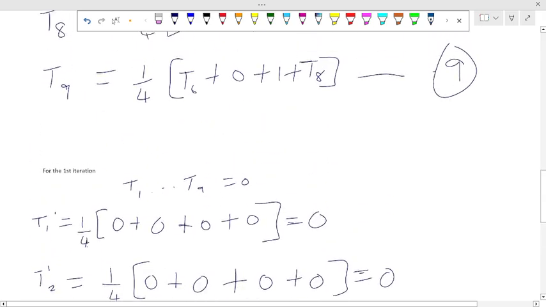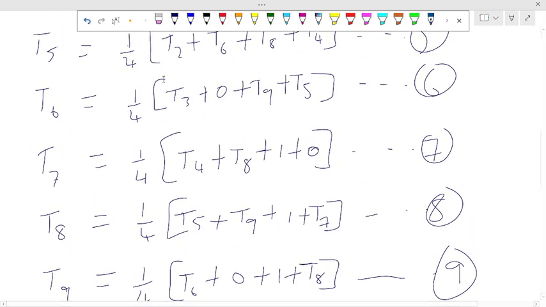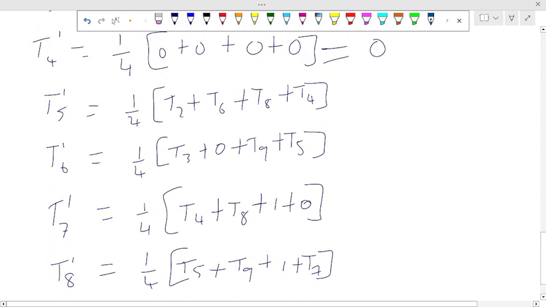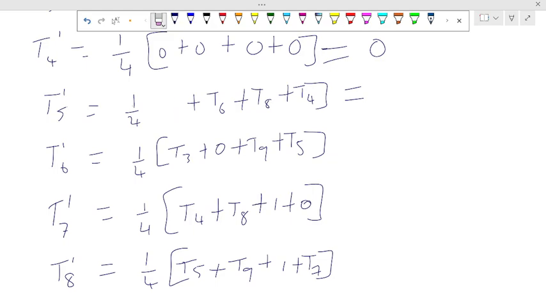We have T2, T6 and T8 with this. But of course this is a computer, so I just copy and paste. If I use paper and pen, you have to trace and trace. Whether your name is Tracy or not, you have to trace. So of course this is still 0, 0, 0, 0.